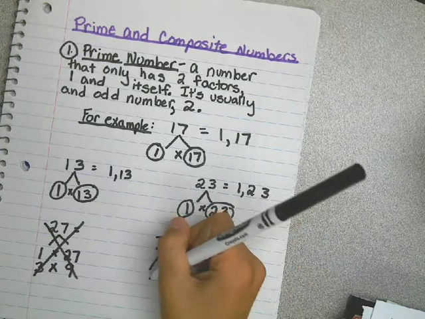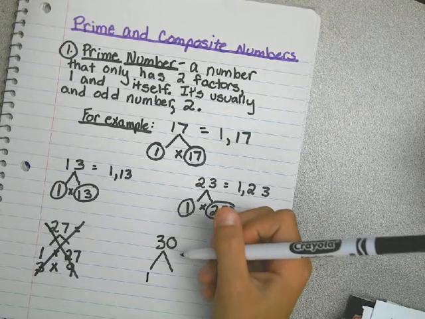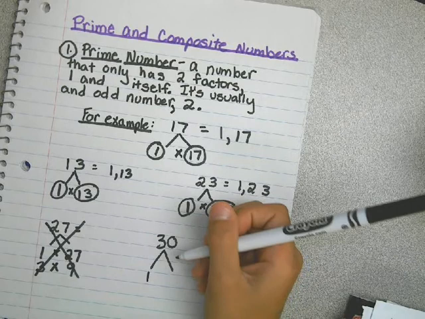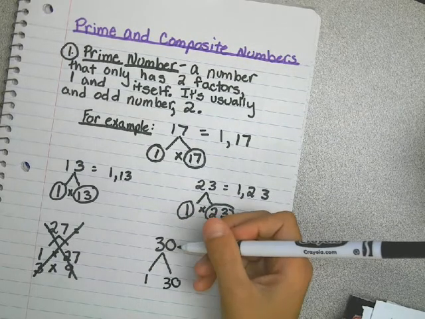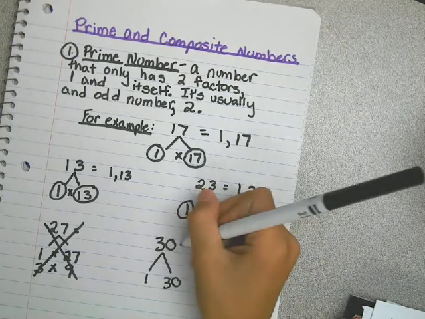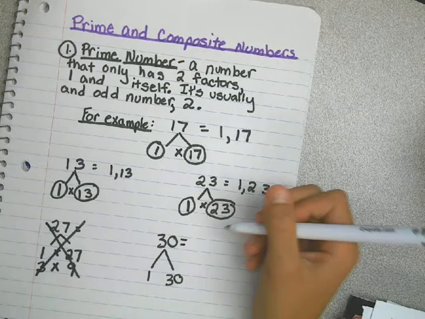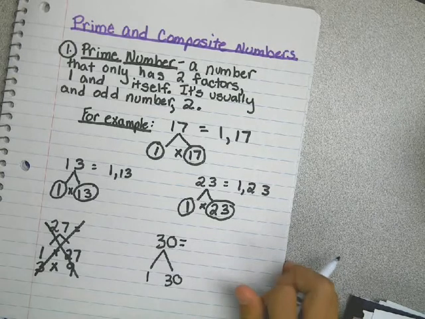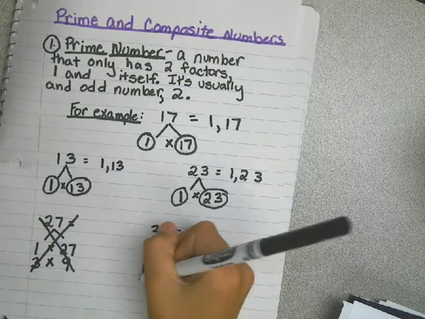Let's do non-examples. 30. Okay. So, what is 1 times what equals 30? 1 times 30. Correct.